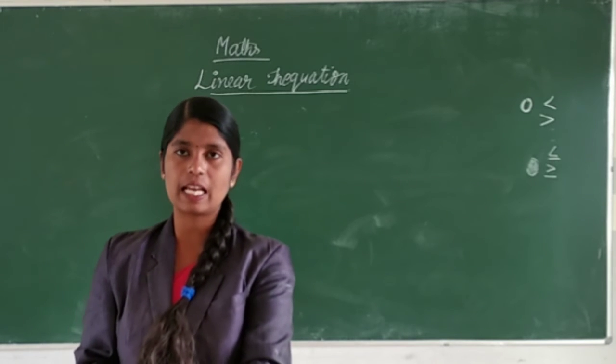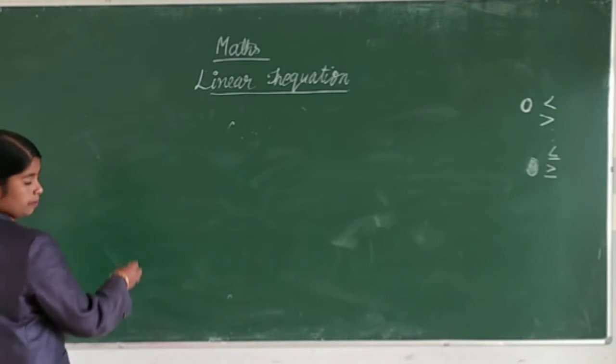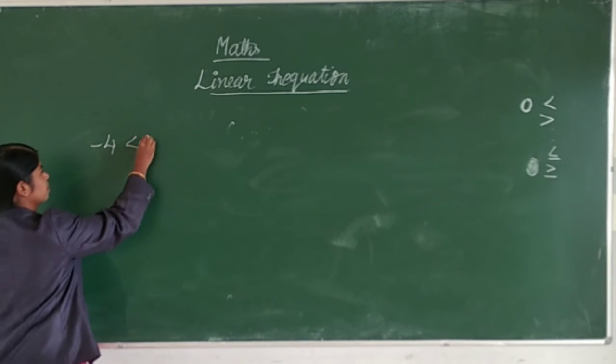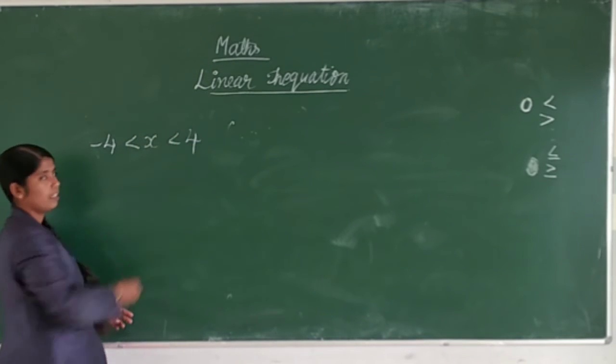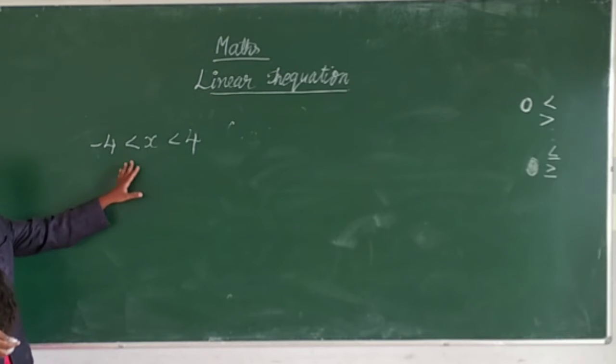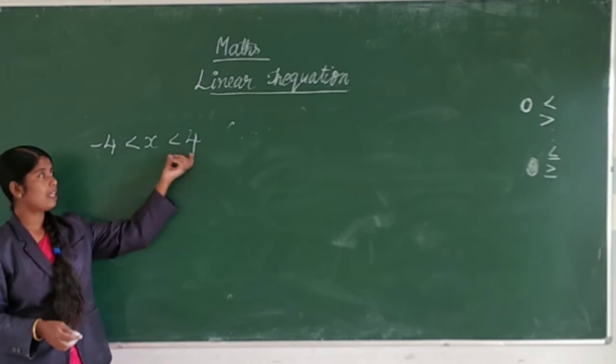Next we go for the fourth question. Minus 4 less than x less than 4. Here we don't need to simplify anything, but x has two values.